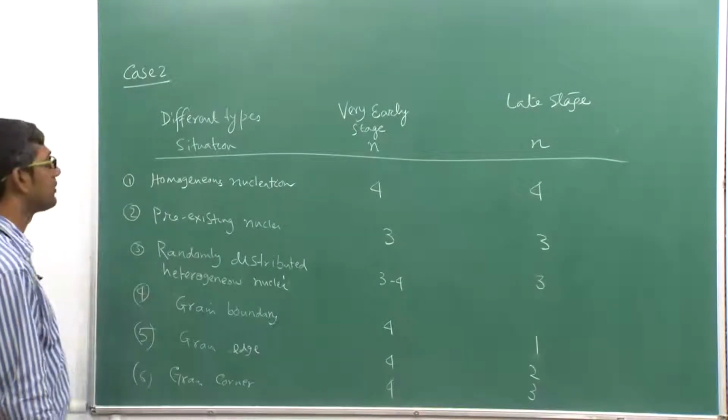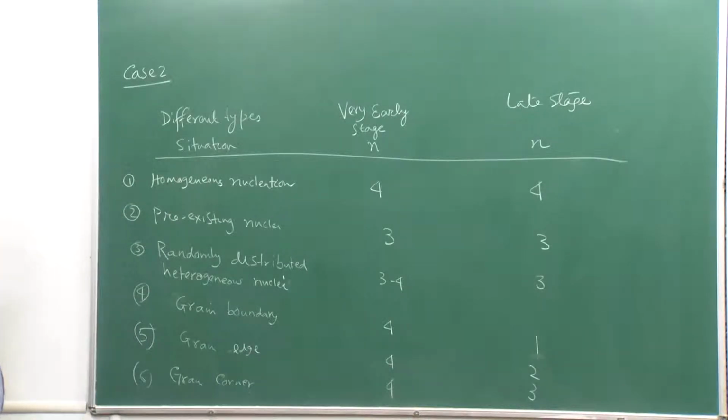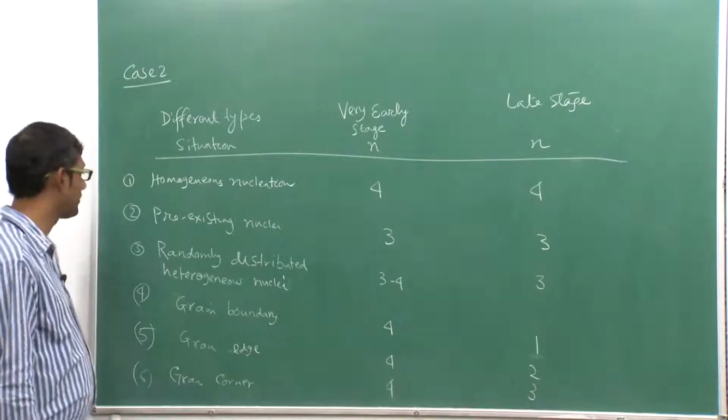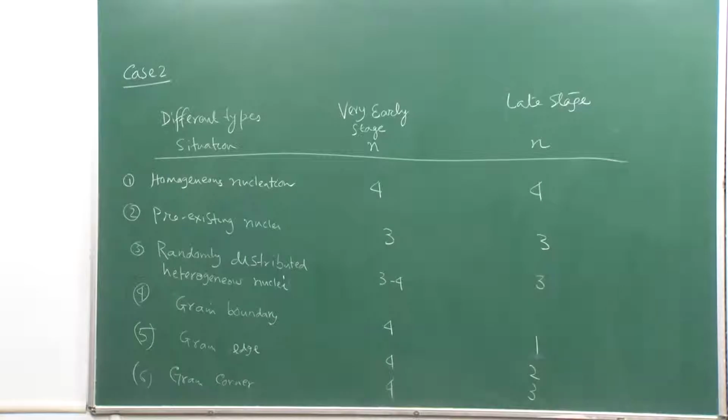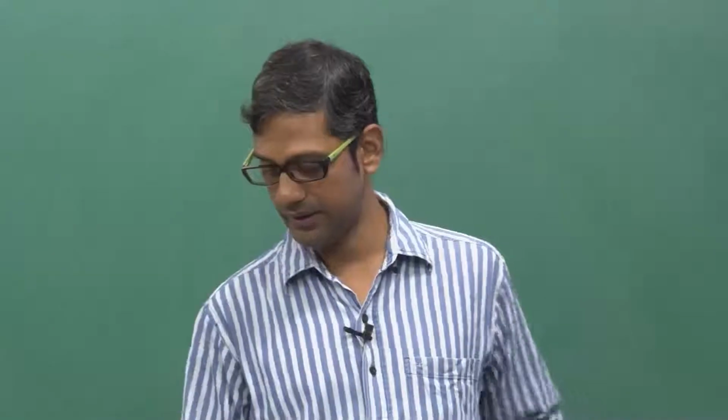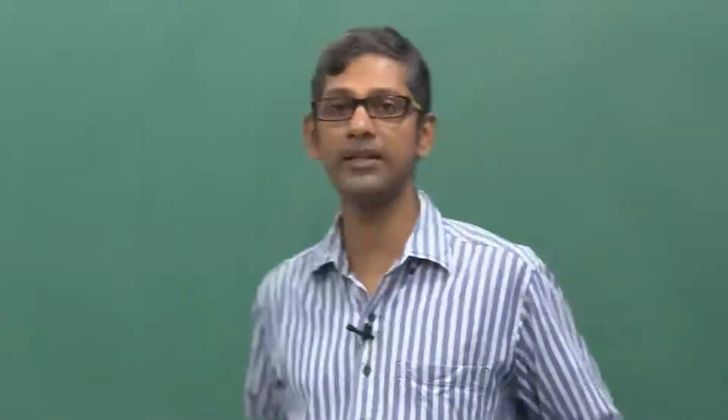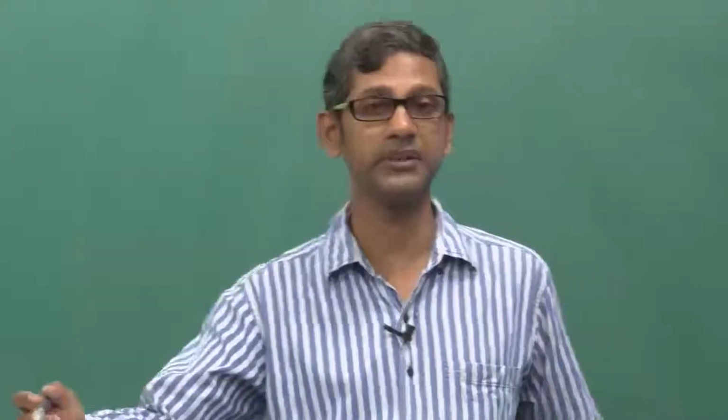So, these are the values of the n's for the different situations possible in the different phase transformations, depending on the nuclei, and these can be used to apply the Johnson-Mehl-Avrami equation to understand different phase transformations.